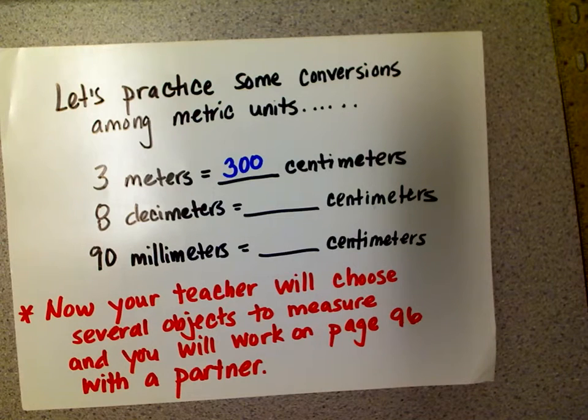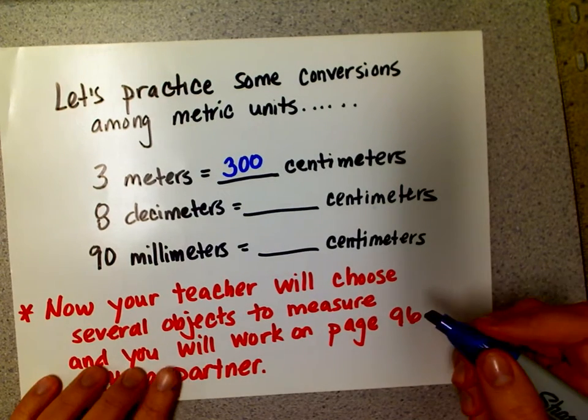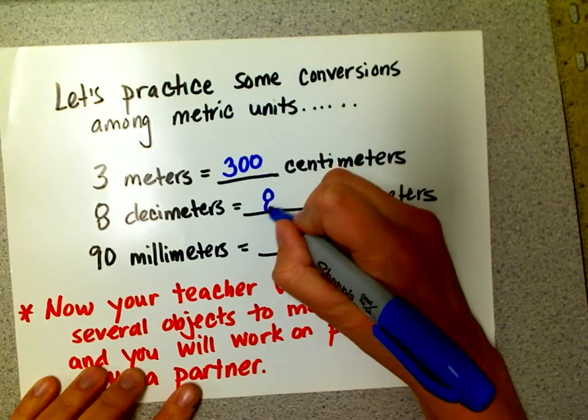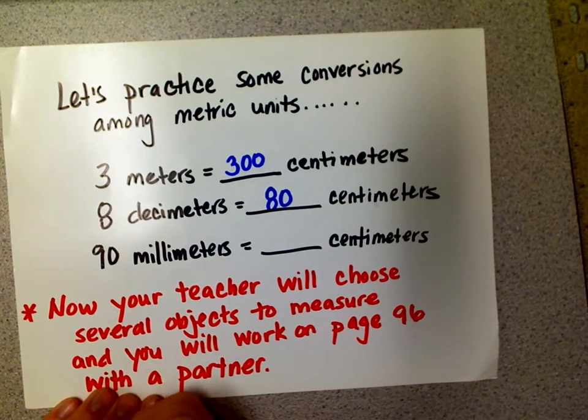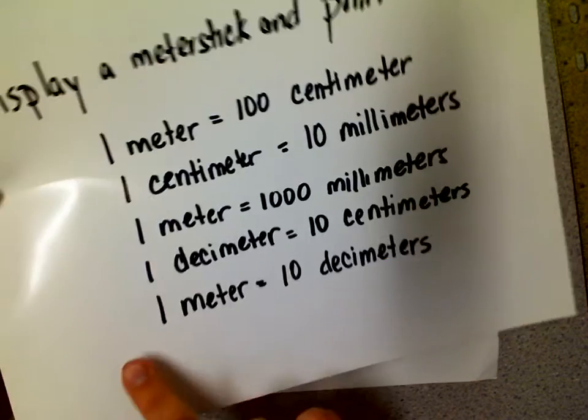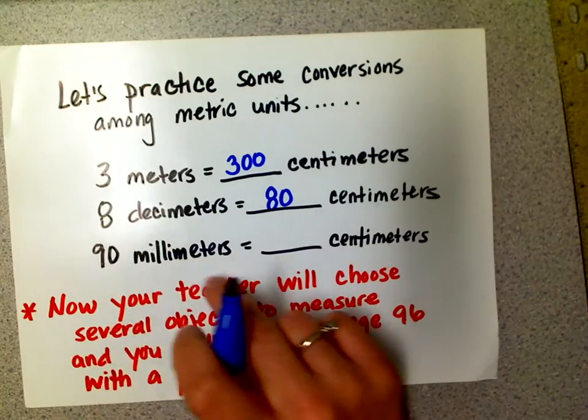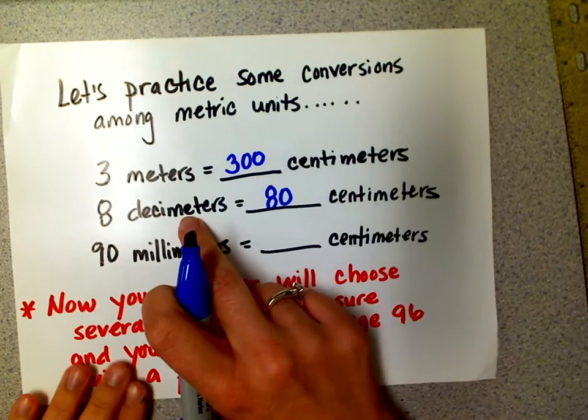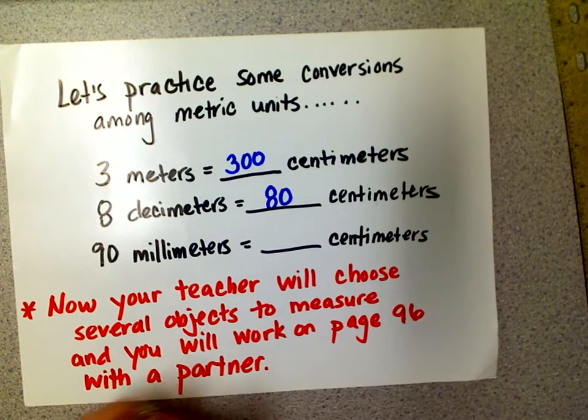Okay, if you said 8 decimeters has 80 centimeters, you are correct. Because again, every 1 decimeter is 10 centimeters. So if we have 8 decimeters, we will have 80 centimeters.